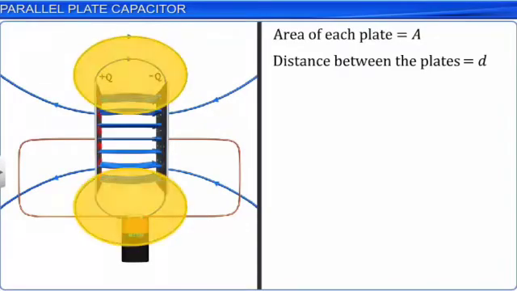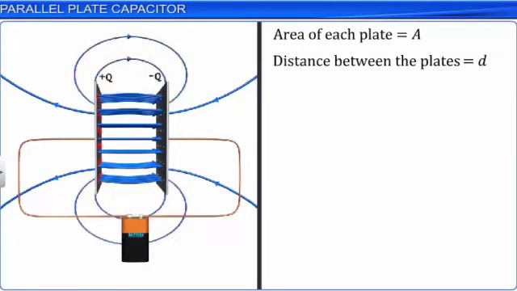Towards the edges of the plates, we observe fringing in the electric field. That is, the field is non-uniform when the plates of the capacitor are separated by some distance. We know that D is the distance between the plates.